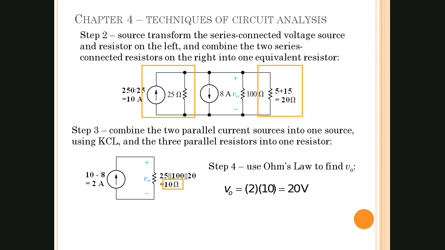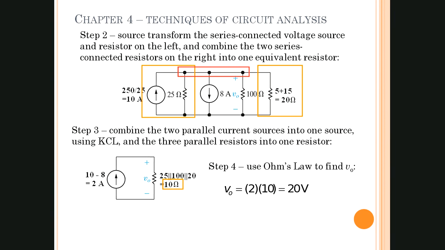Now remember the voltage drop across that top node. This whole thing is the same electrical reference, so it doesn't matter what point we're measuring, we're still going to be measuring that V sub naught.